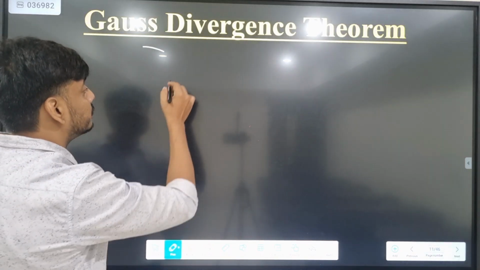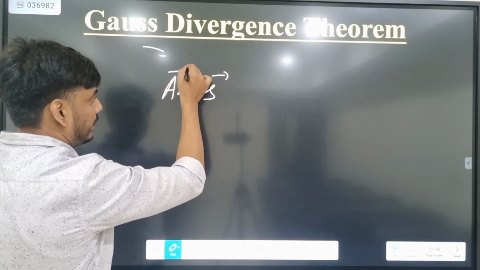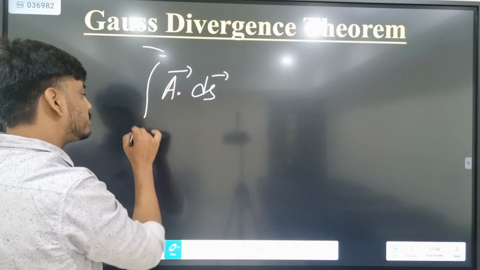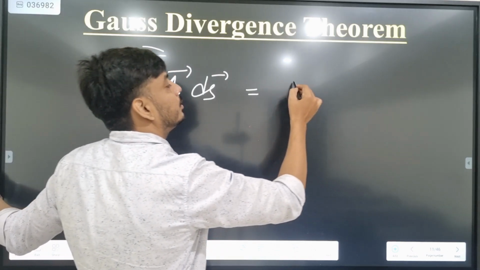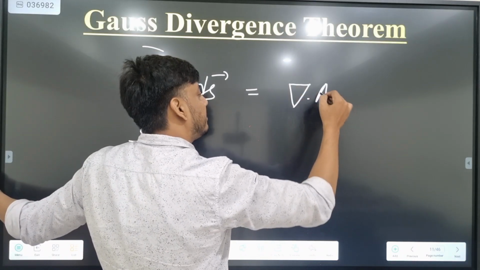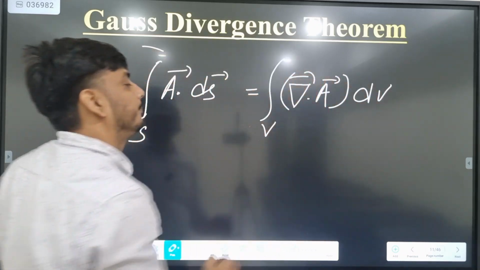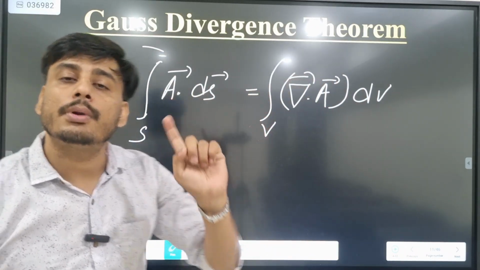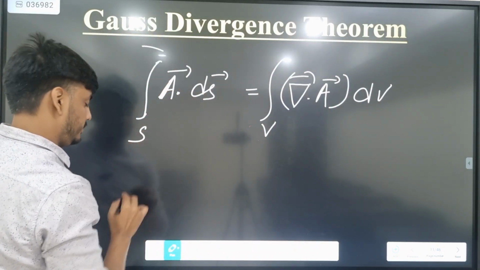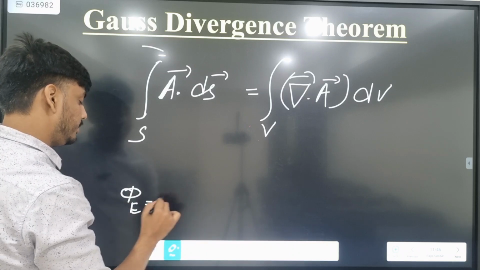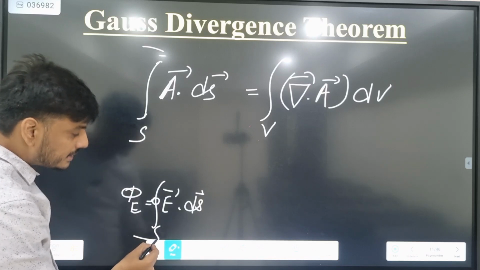So Gauss divergence theorem states that if any vector A is there and its surface integral is given, A dot ds, then this must be equal to the integral of div A dv, divergence of A, that is del dot A dv, integration over V. That means if we need to convert from surface to volume integral, if anywhere it is written like A dot ds, just like electric flux, E dot ds, integration over S, that is a surface integral.